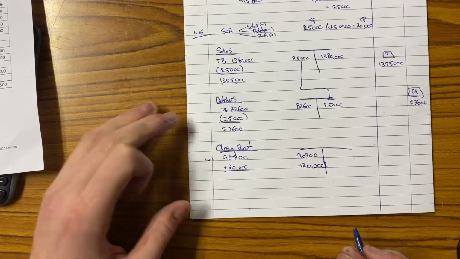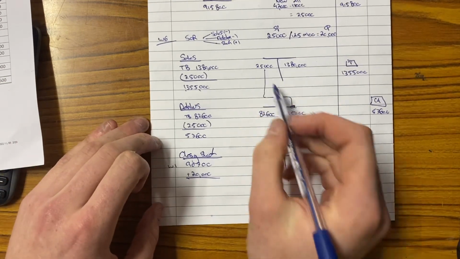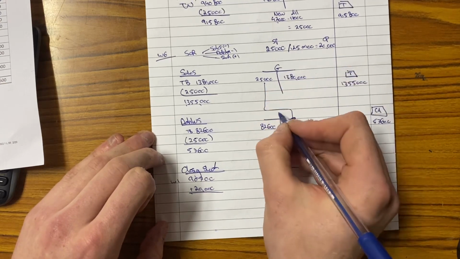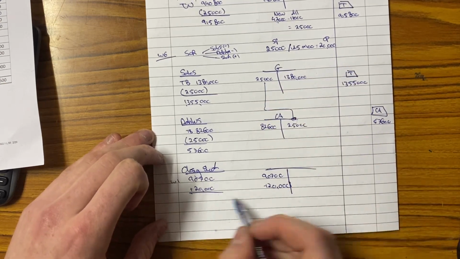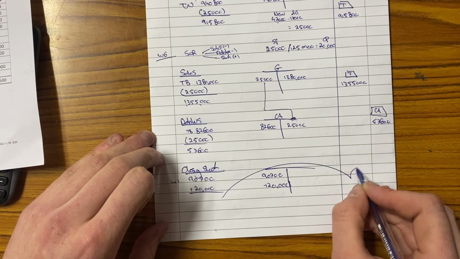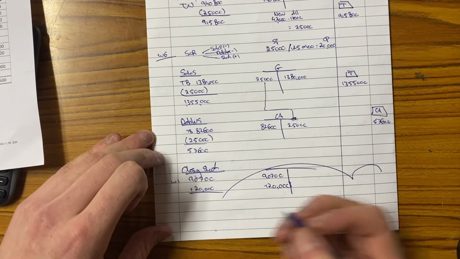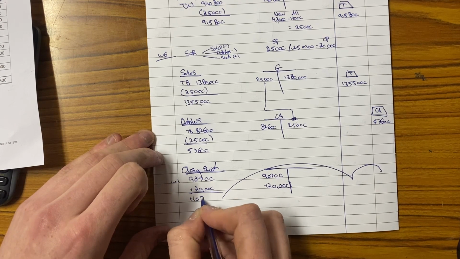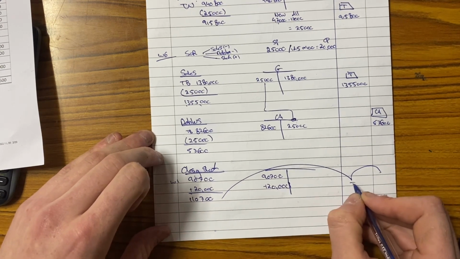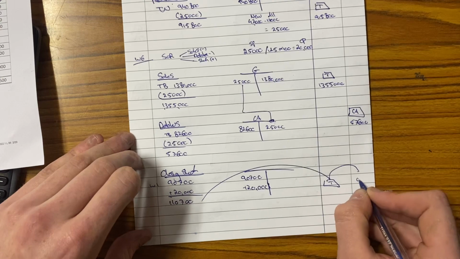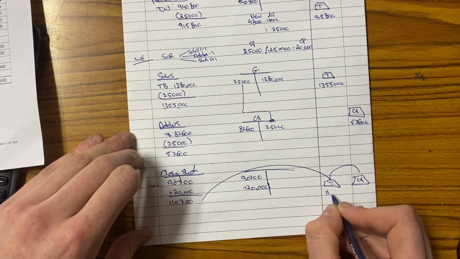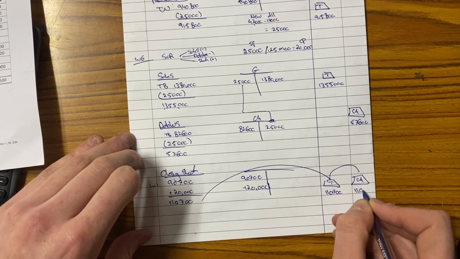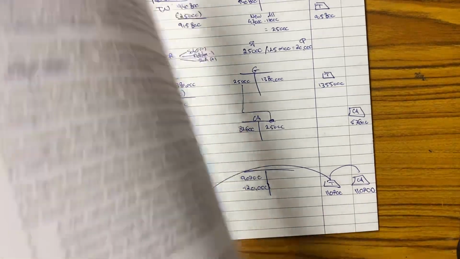That's why I'm adding it back on. Remember, stock goes to two places, so this final answer is going to go to two places. That's why there's no double entry for the T account, and that will give me 110,700 euros. That goes to the trading account, and it goes as a current asset. So 110,700. Very straightforward.